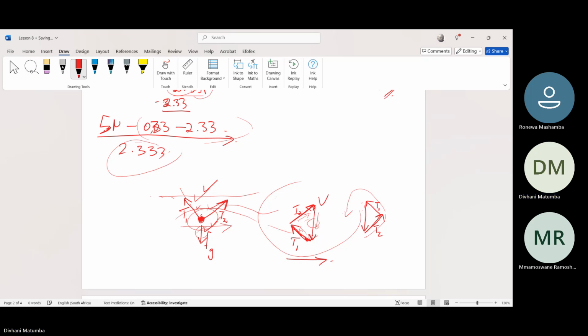However, the head of one arrow is joining the tail of another arrow. Here, your system is moving clockwise. So the two diagrams will yield the same results. However, the head of one arrow must join the tail of another arrow. I think that's what I wanted to emphasize. Is there any question concerning that?